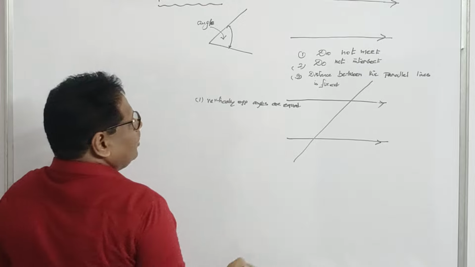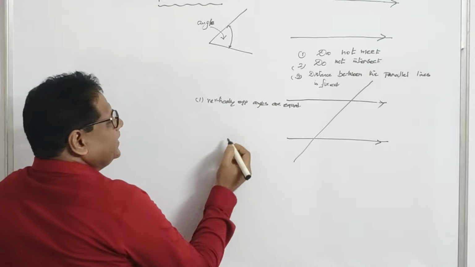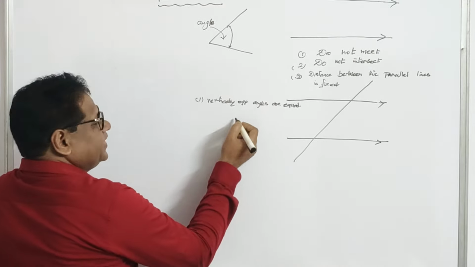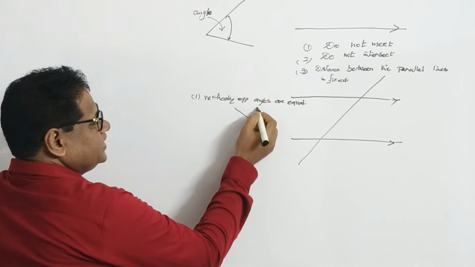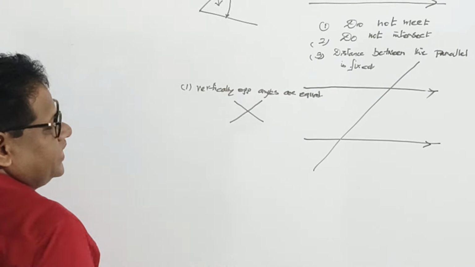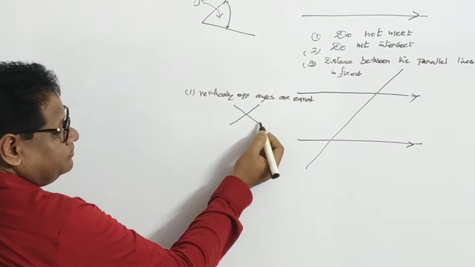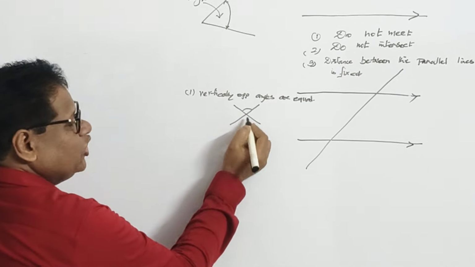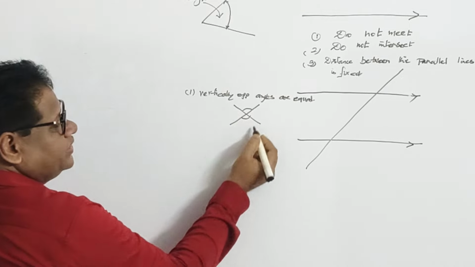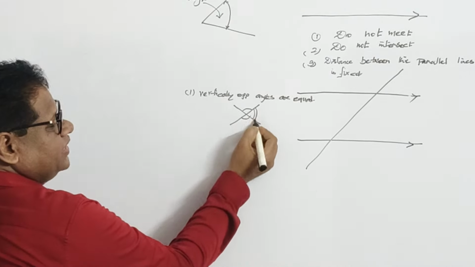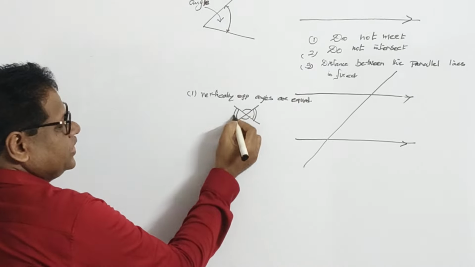For vertically opposite angles, let us observe the letter X. Consider these lines are intersecting in the form of the alphabet X. So these vertically opposite angles are equal. Similarly, this angle is equal to this.